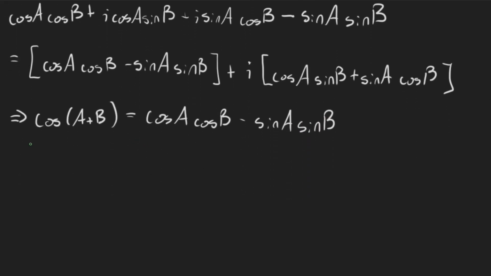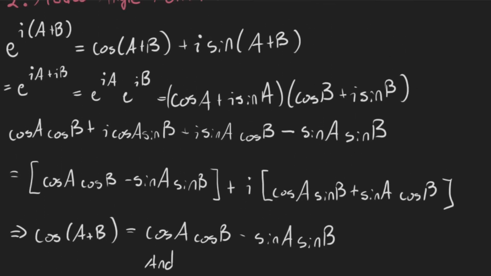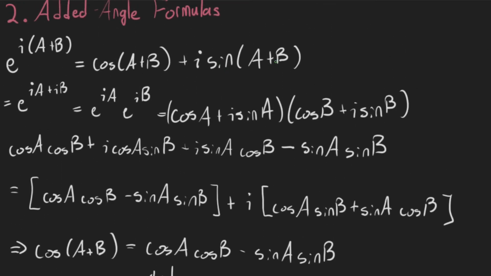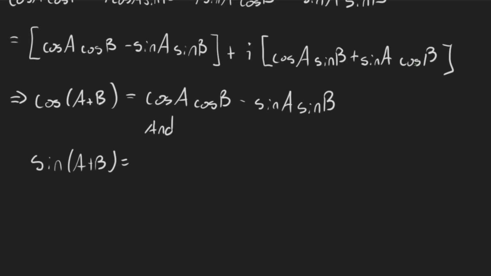And the sine of a plus b, which was the imaginary part of this expression right here, has to equal the imaginary part of this expression. So we'll have cosine a sine b plus sine a cosine b. And this right here is the equation for the angle addition formulas.